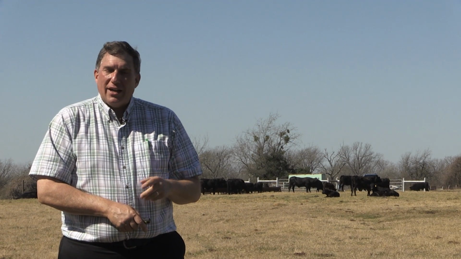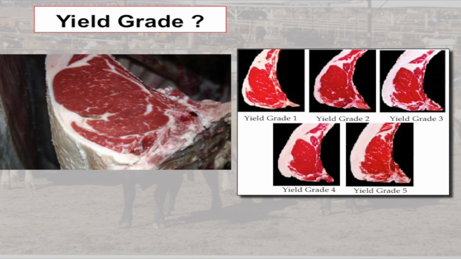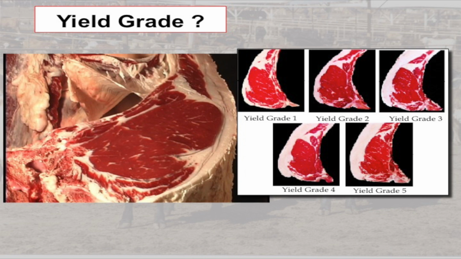All right, so we'll go back and look at these pictures now. Here's picture 1. Picture 1 is a yield grade 2. Picture 2 is a yield grade 1. Picture 3 is a yield grade 2.